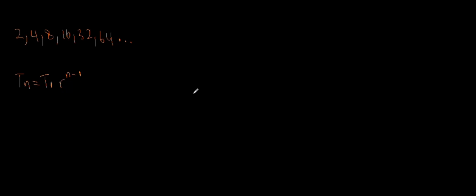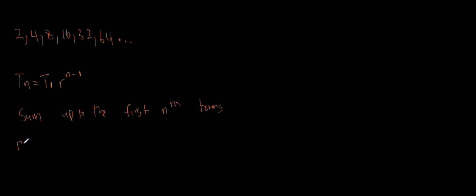Now for the GP, there are two sums we're interested in. So the sum up to the first n terms is the following formula. It has two variations based on the value of the common ratio.